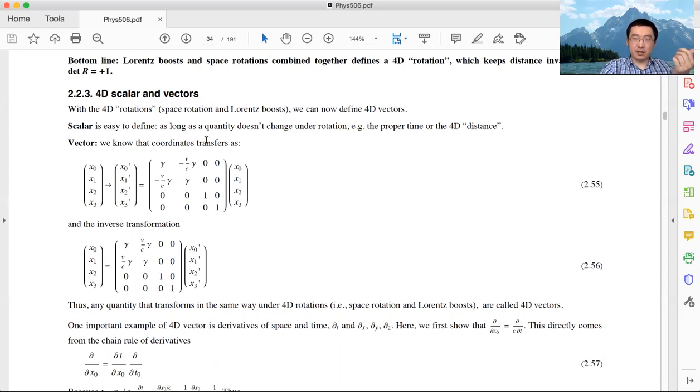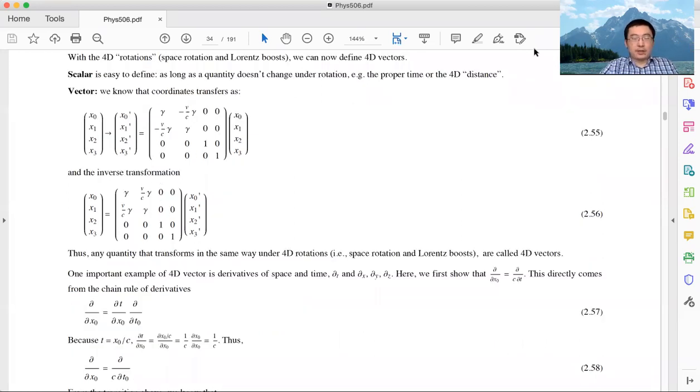So we have scalars and vectors, and we can use these to define tensors, etc., in the same way as we did in 3D space. The bottom line: if we have a physical quantity that we can organize as 4 numbers together, and these 4 numbers under Lorentz boost and spatial rotation rotate the same way as the coordinates, then we say this is a vector. So that's the definition of a 4D vector.